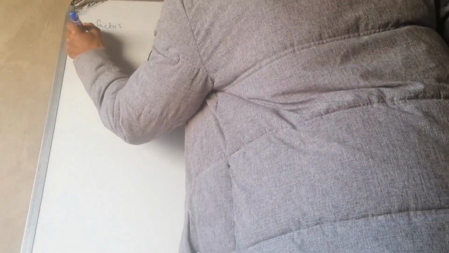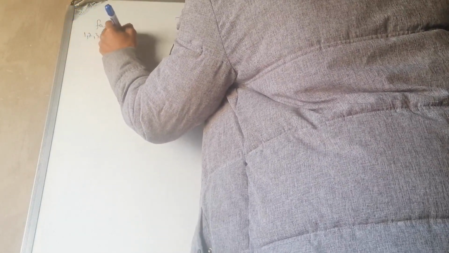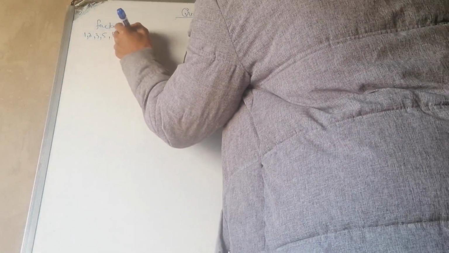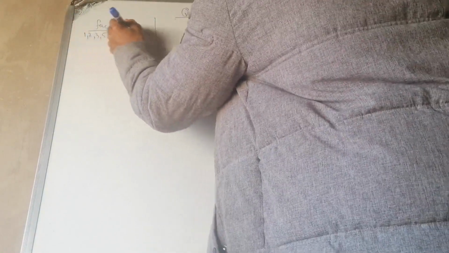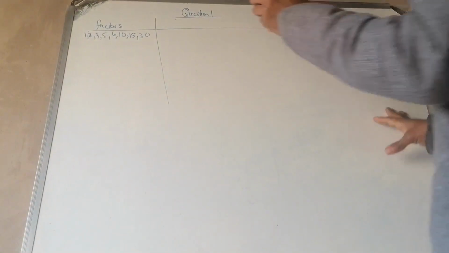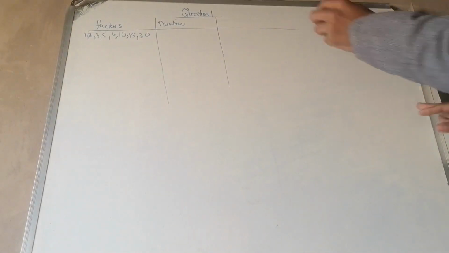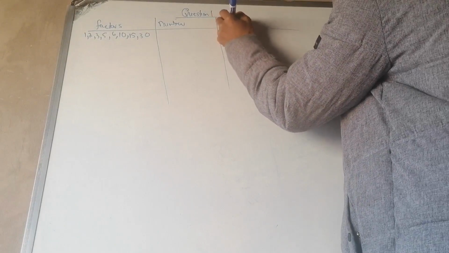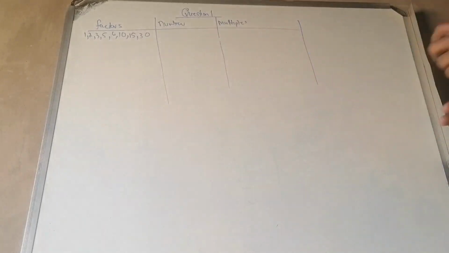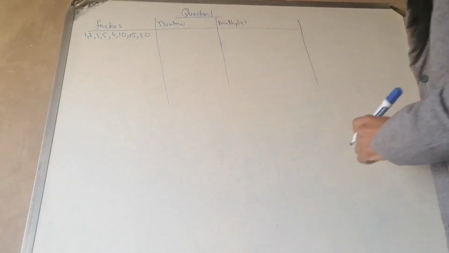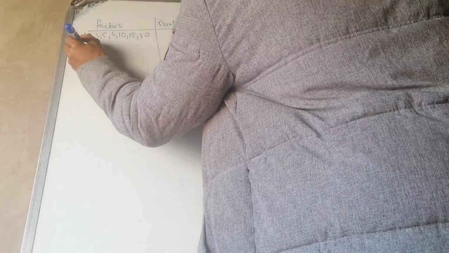Now, remember the factors: 1, 2, 3, 5, 6, 10, 15, 30. The number is 30.